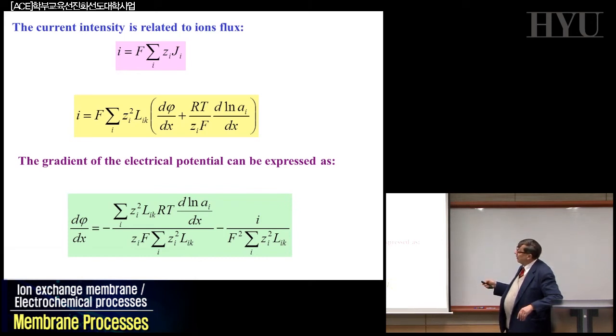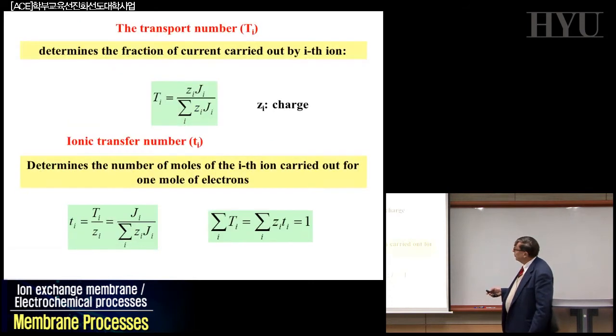So that is the expression now. If you substitute the expression of the flux into the current intensity, the gradient of the electrical potential, dphi/dx, is nothing more than this term here and the term that is here. So you can solve the expression and make the substitution, and you have an expression of this kind. Not really important for the moment.